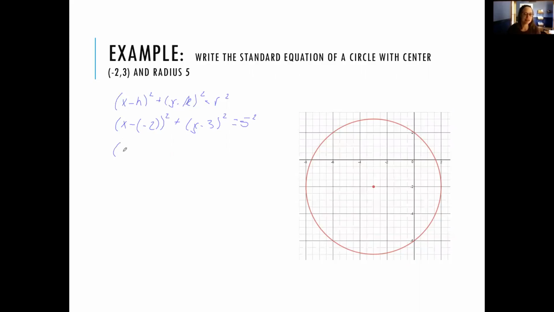Or we usually leave this just as (x plus 2) squared plus (y minus 3) squared equals 25. Not too bad.